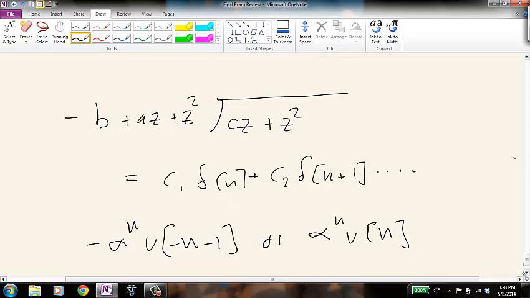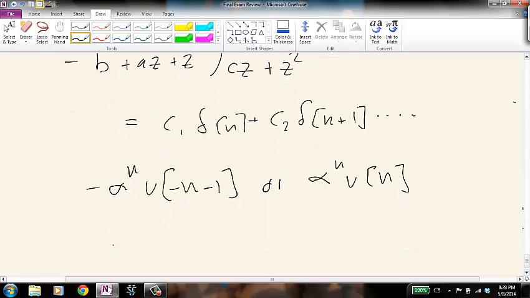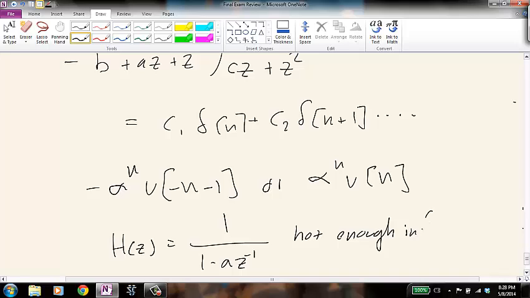So just saying the expression is not enough without the region of convergence. Unlike the Fourier transform where this is enough, it's not enough for the Z and Laplace transforms. You always need to include the region of convergence or you don't actually have a transform.